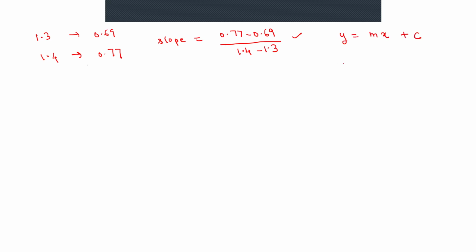Or else you can write this as y minus y naught is equal to m of x minus x naught. So in between, if there is 1.33, what is the value of y here in between these? The slope in between these is the same as the slope in between these two. Same slope is contained.